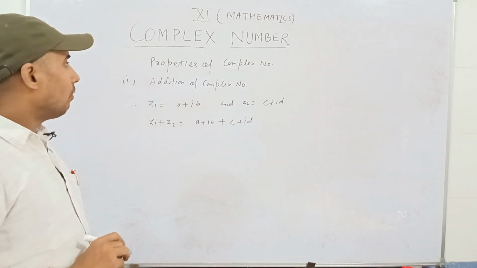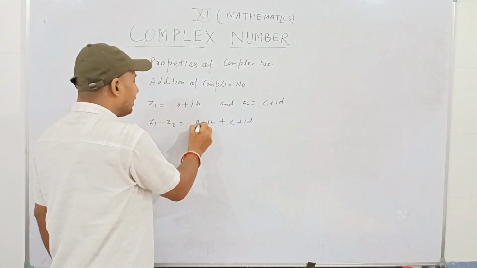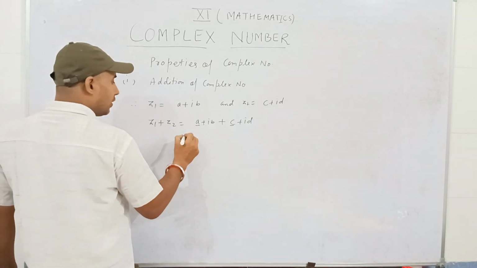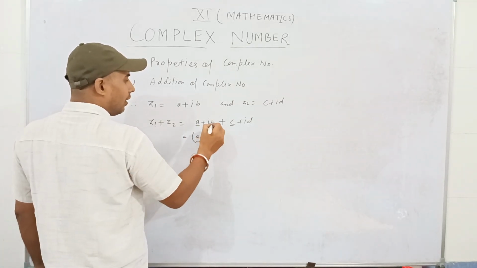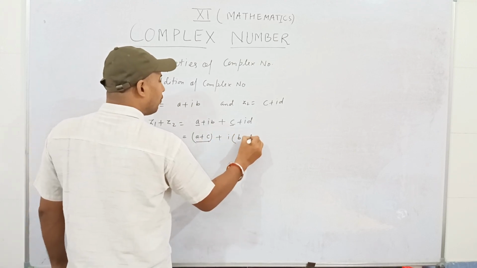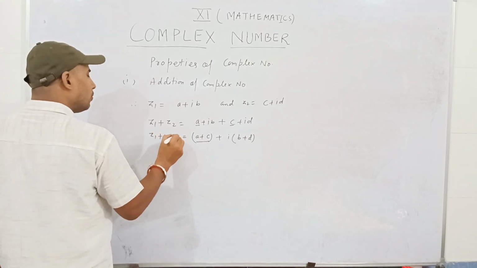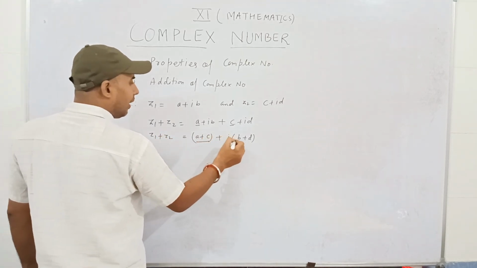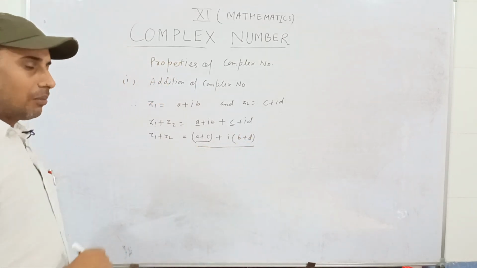Now we are adding the real of Z1 to the real of Z2. We can say a plus c, this is the real part, and i is common, b plus d. Z1 plus Z2 equals a plus c plus i times b plus d. This is another complex number.